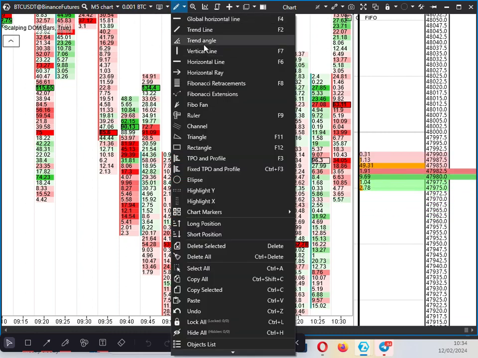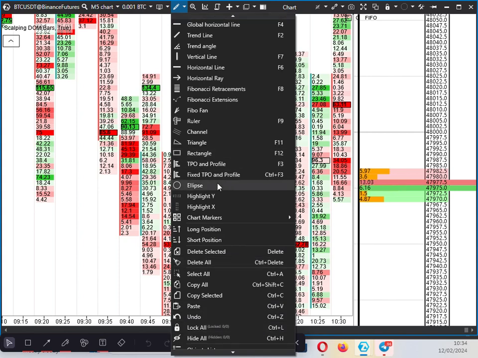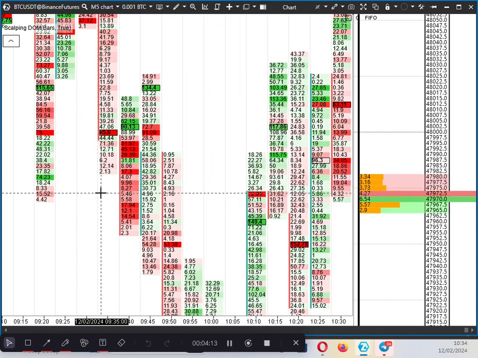You can also use your trend lines, trend angles, horizontal ray, Fibonaccis, market profile, fixed profile, all of this. You just have a little look. You can even take trades through this platform if you use Binance.